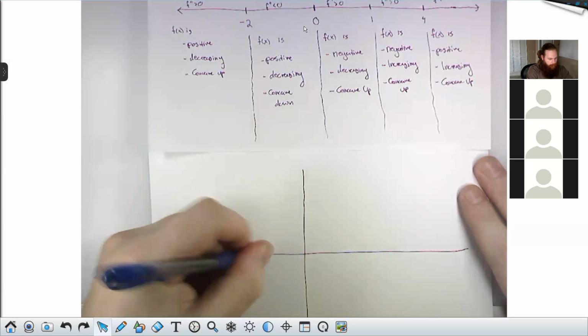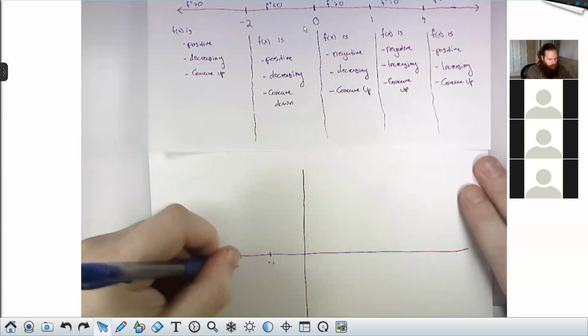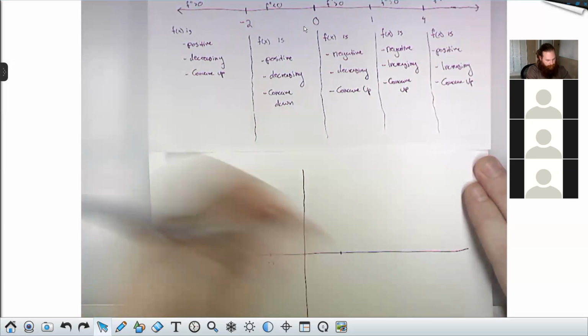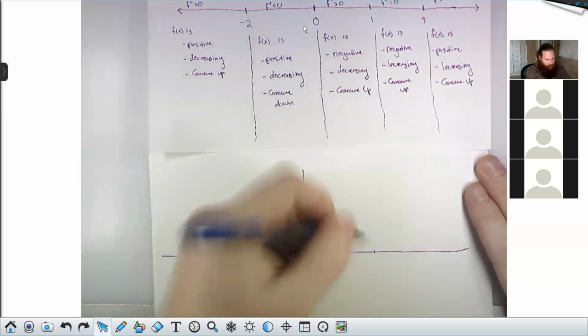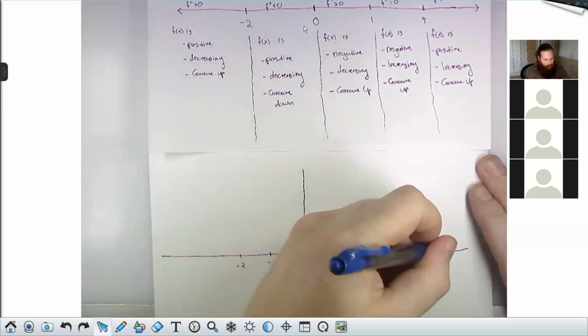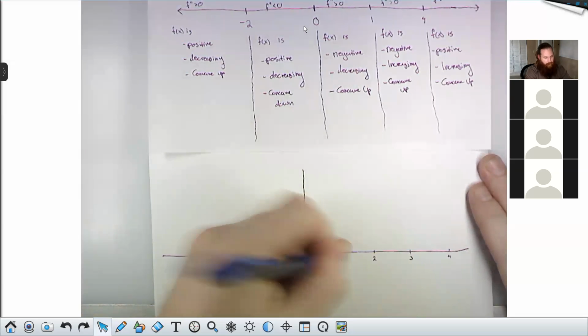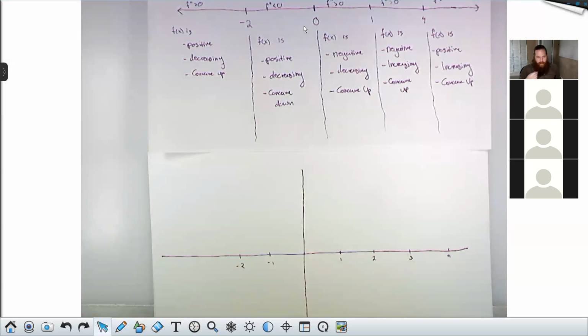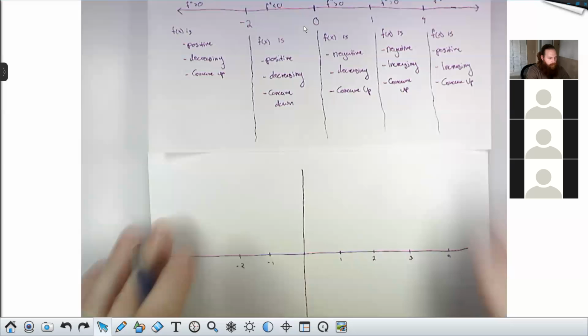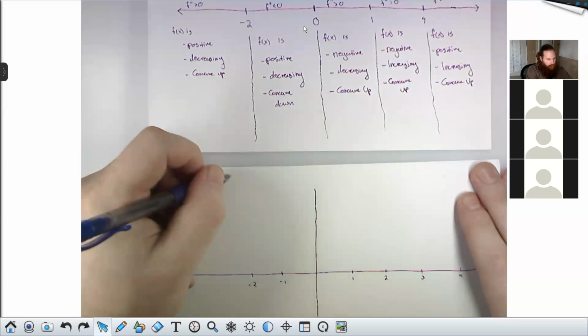I'll mark maybe -1 and -2. So it would be 1, 2, 3, 4. My end behavior, remember, is up on both sides. That's not exciting.